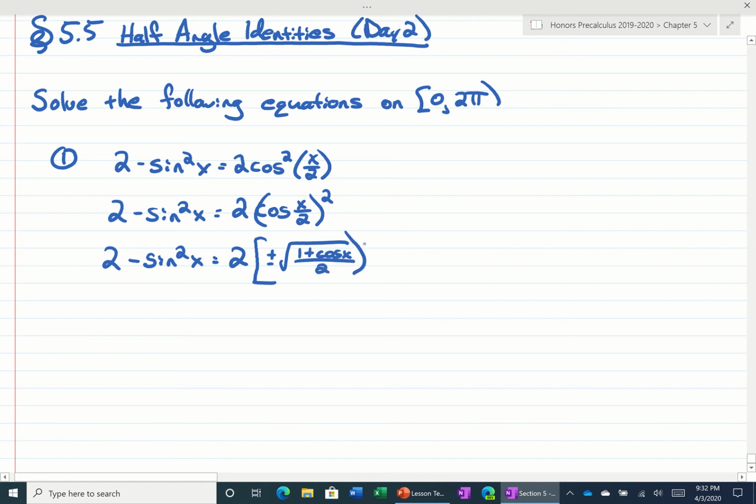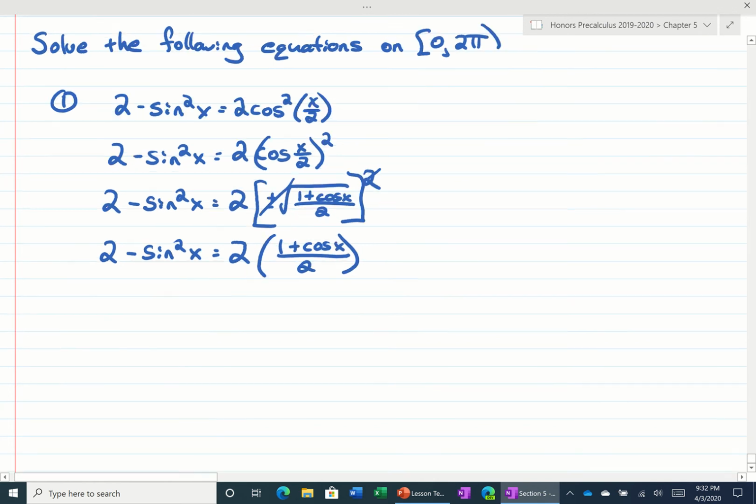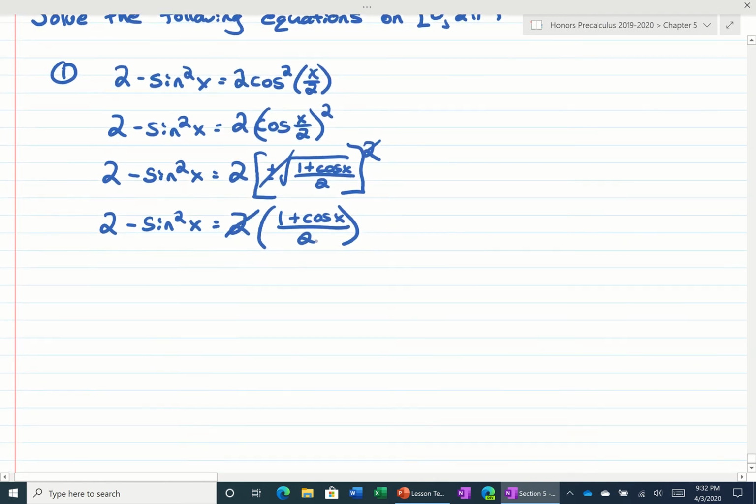We're going to be squaring that. When you square a plus or minus square root, they cancel. So this is what we're looking at. 2 minus the sine squared of x is equal to 2 times 1 plus the cosine of x over 2. Okay.